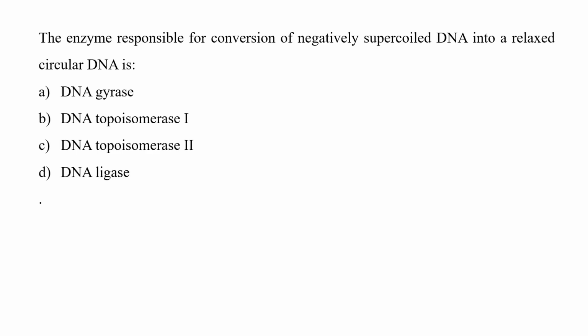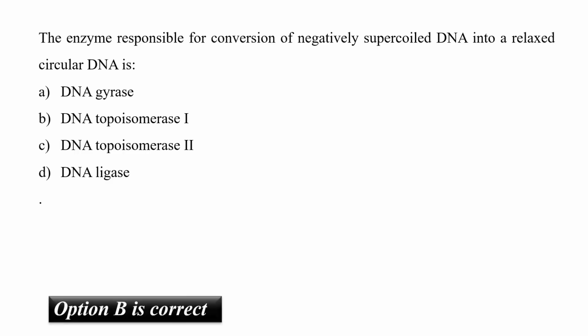Topo 2, which is also known as DNA gyrase, is responsible for converting bacterial circular DNA to negatively supercoiled DNA. That means topo 1 releases negative supercoiling to make bacterial circular DNA relaxed, while topo 2, or DNA gyrase, introduces negative supercoiling. So option B has to be the correct answer.